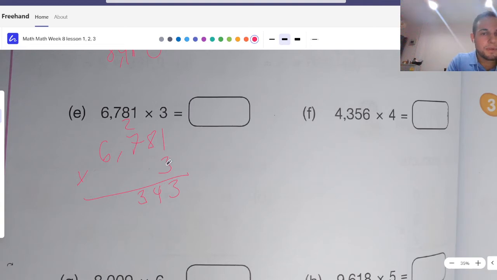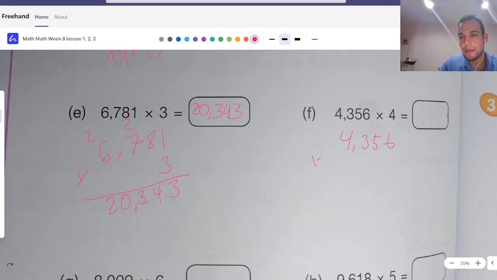Yes, 3 times 6, so we have to carry the 2. 3 times 6 is 18 plus 2. That makes 20. So now we have 20,343.